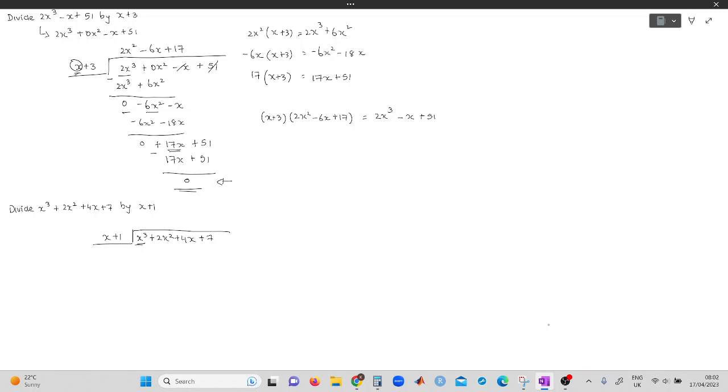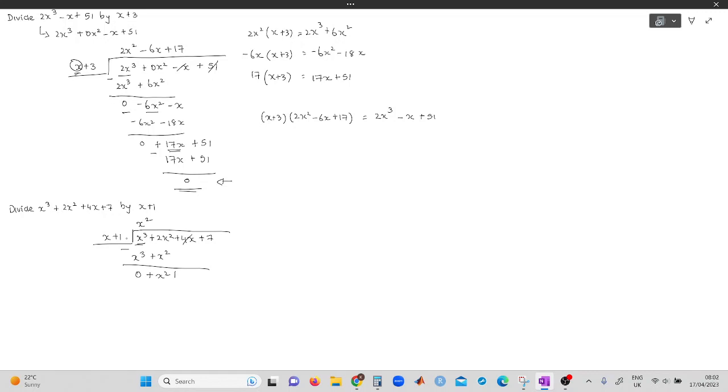So x cubed divided by x gives me x squared. Now we multiply x squared by the dividing factor, x plus 1. So x cubed plus x squared. x cubed minus x cubed gives me 0. 2x squared minus x squared gives me x squared itself.